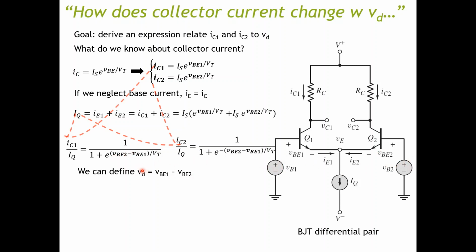So now you can plug VD back into here. This term will become minus VD. So you can have basically IC1 equal to IQ divided by 1 plus exponential of minus VD over VT. And for IC2 it is a similar term, but here you have a plus sign for VD.